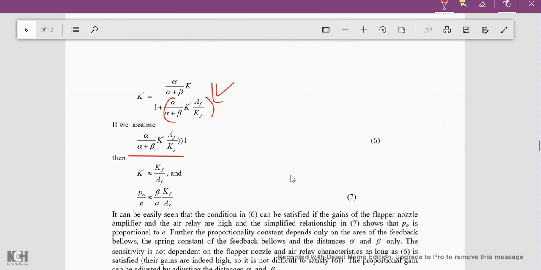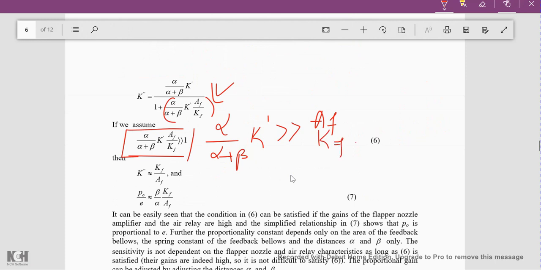Now you might get confused how exactly this expression has been obtained. This is the beauty of mathematics. When you take this expression, this logical relationship, I can write alpha divided by alpha plus beta times k dash is far greater than af by kf. Now I can remove this by taking some random number, say I will take it as 100, so it is equal to 100 times af.